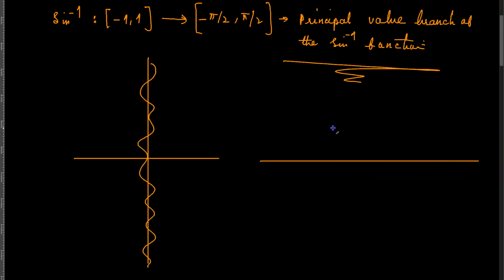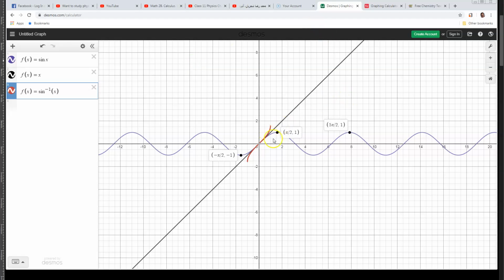Instead of getting the sinusoidal function this way, you would get it this way. And of course, the principal value branch would be this part of the function that we saw right here, right? This is the principal value branch of the sine inverse function.